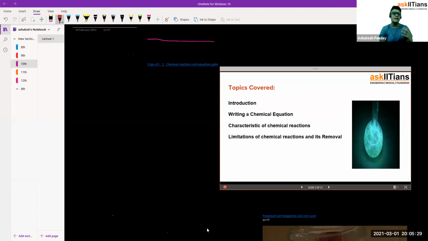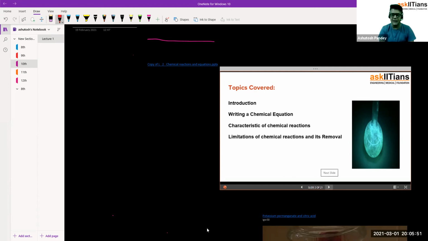There are certain limitations, and we are going to remove them by using proper symbols for showing the state of matter of the reactants and products. So let's start with this.